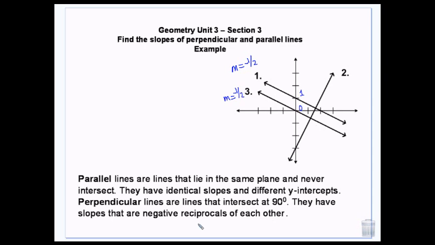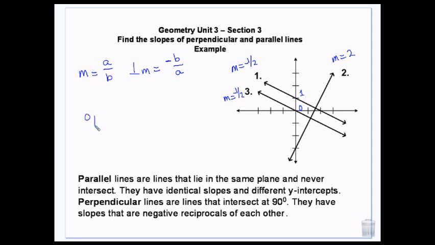Perpendicular lines have negative reciprocal slopes, so m equals 2. So if I have some slope a over b, the perpendicular slope would be -b over a.